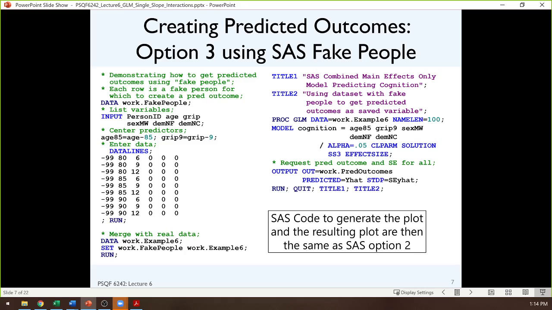So this way, if you know in advance that you're going to want to show effects of certain kinds of predictors, like you know what low, medium, and high is on this control variable, or you have people who had this adverse event, no or yes, you can make fake people that are sort of the prototypes for whom you're trying to describe. And then no matter what happens in the model, you can use this procedure to generate predicted outcomes for them. So it's the most efficient out of all of these, even though it sounds a little crazy.